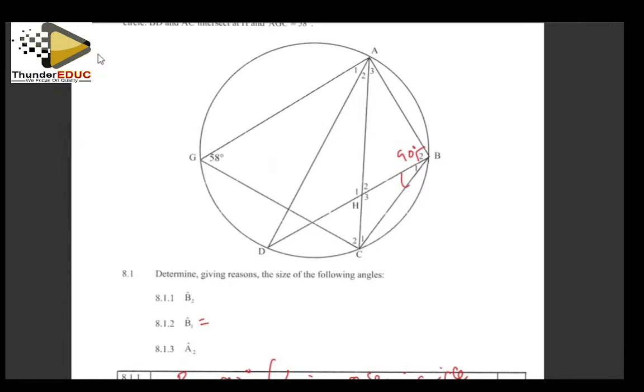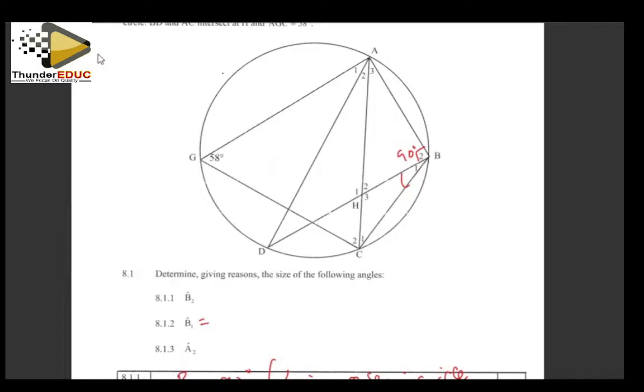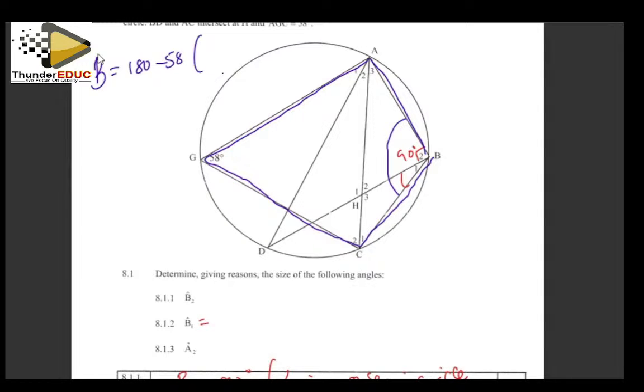All right. So if I look at A, B, C, D, it's going to form a cyclic quad. So I can start by finding this entire angle here. Then if I have the whole of B, I can get B1. So B is going to be 180 minus 58. The reason is opposite angles of a cyclic quad.